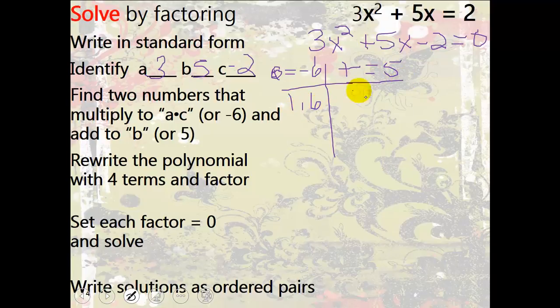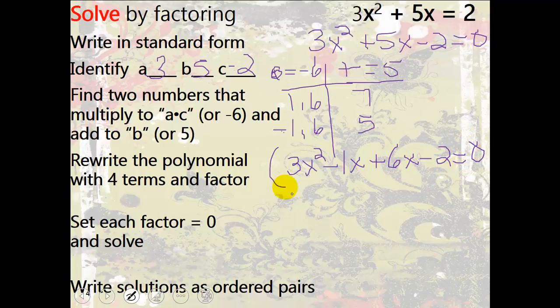If I add those together, I get 7, but if I do -1 and 6, -1 times 6 is -6, and -1 plus 6 is 5. So now I'm going to rewrite it as 3x squared minus 1x plus 6x minus 2 equals 0.